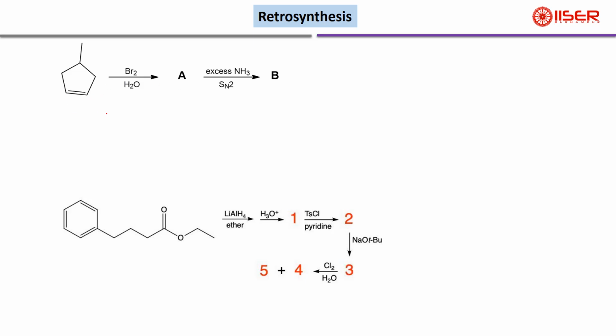If you perform bromination followed by hydrolysis, it will give us a trans product, because it will form a bromonium ion followed by cleavage of the bromonium ion. Like if the OH is above the plane, bromine will be below the plane.